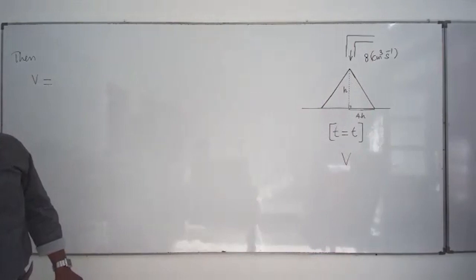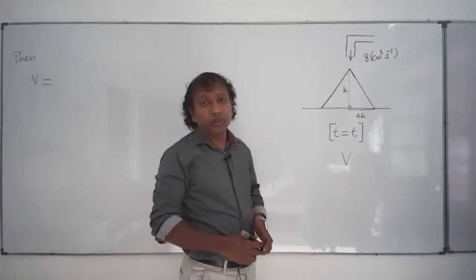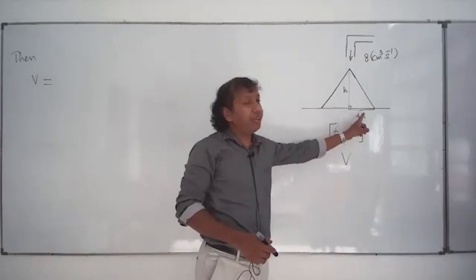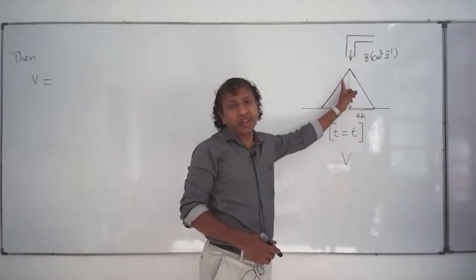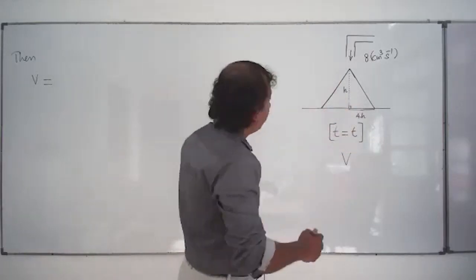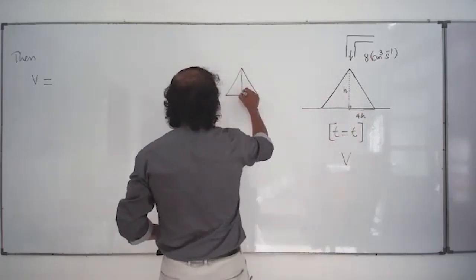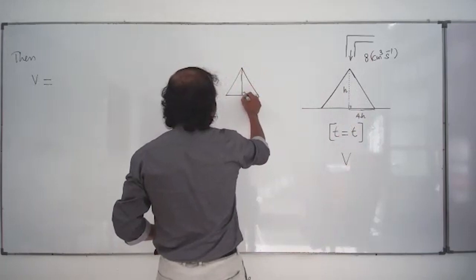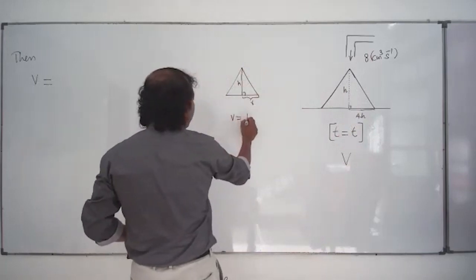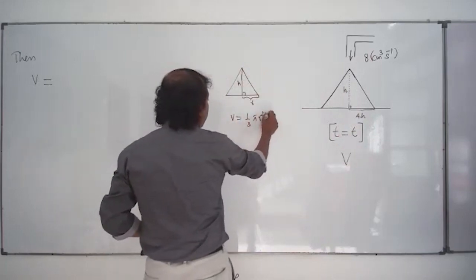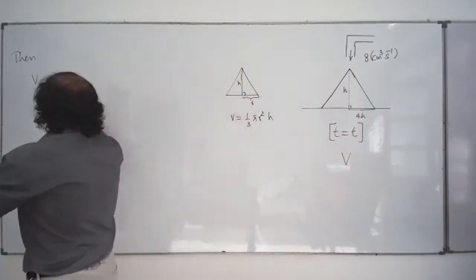The volume of a cone is given by one third pi r squared h, where r is the base radius and h is the height. This formula you have learned. If this is r and this is h, the volume is one third pi r squared h. Using this, you can find the volume.